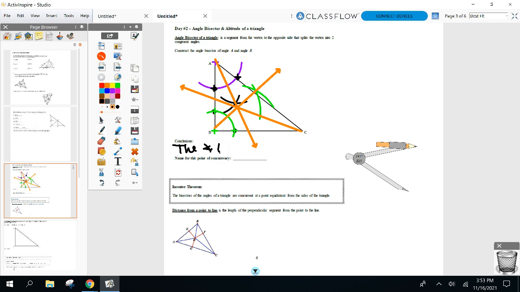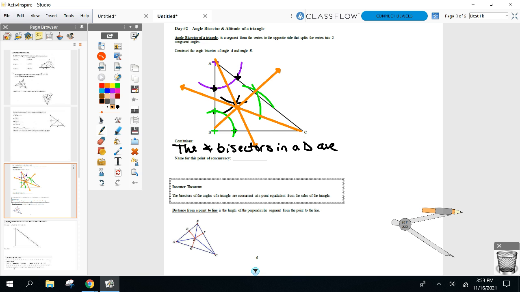The angle bisectors in a triangle, if they all intersect at the same point, are concurrent. So now we have another set of lines that are all concurrent.